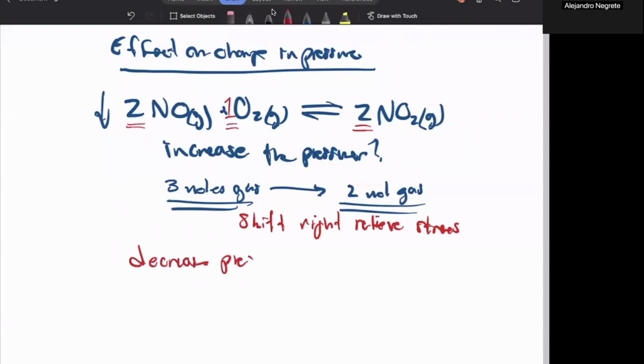There's more room from decreasing the pressure, so we would shift that reaction to the left, going from 2 moles of gas to 3 moles of gas.